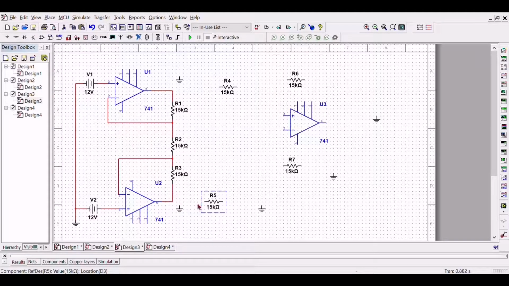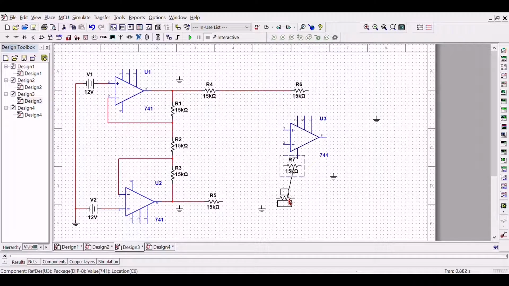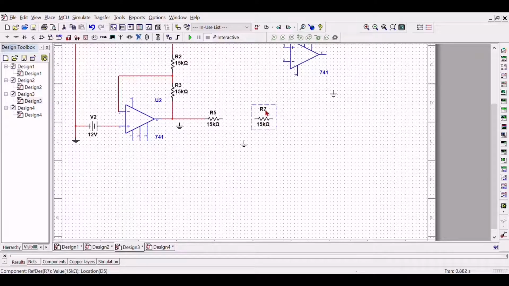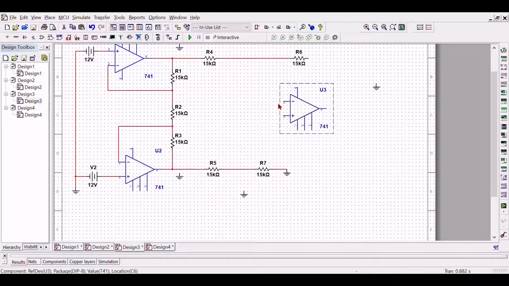So I have to invert all the components if they are not in the right positions. The VCC I use is 20 volt and the VEE I use is negative 20 volt.